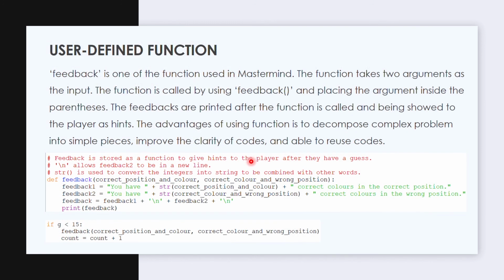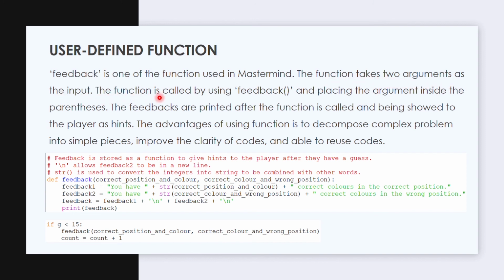Lastly, applying user-defined functions in the Mastermind computer game brings many advantages by using sub-programs in the game. Feedback is one of the functions used in Mastermind. That function takes two arguments as the input.